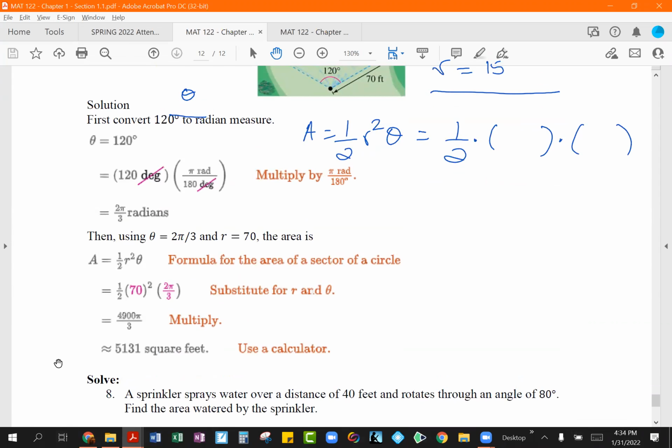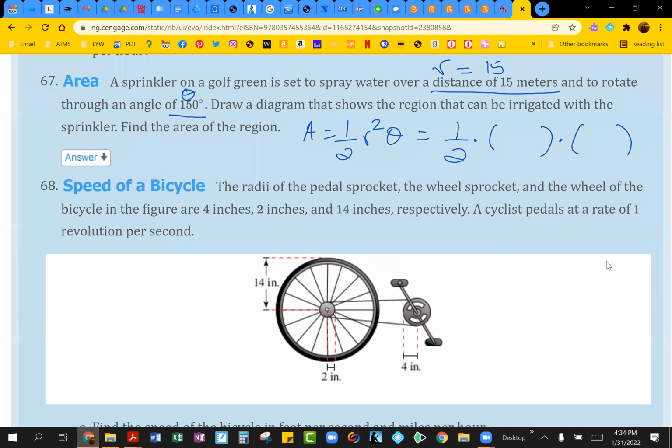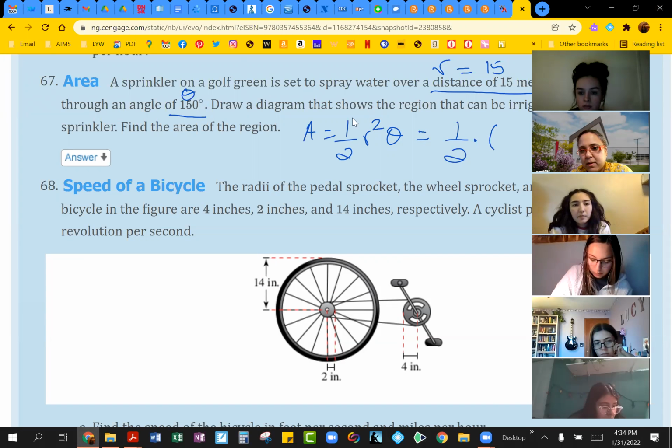That's basically the same thing you're doing for your problem here. Okay, so just have your answer ready in the chat, and I'll give you guys another couple seconds to wrap up your answers.